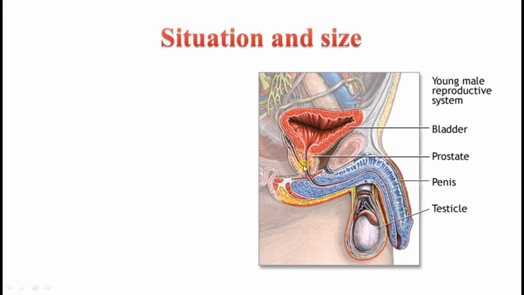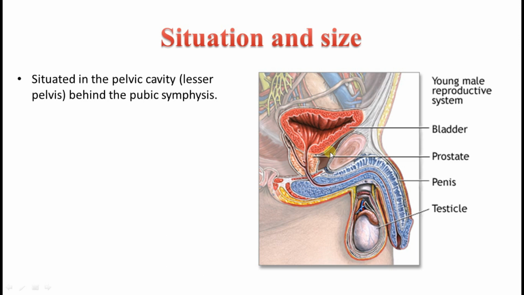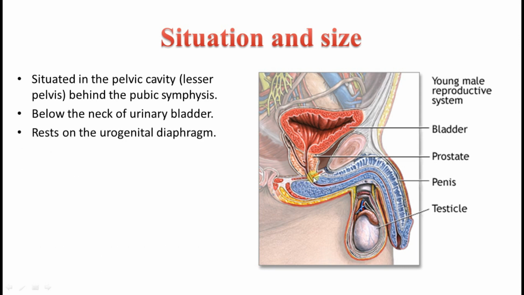In the lesser pelvis, it is situated immediately below the neck of the bladder and behind the pubic symphysis, and it rests on top of the urogenital diaphragm.